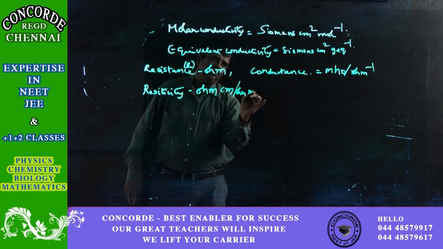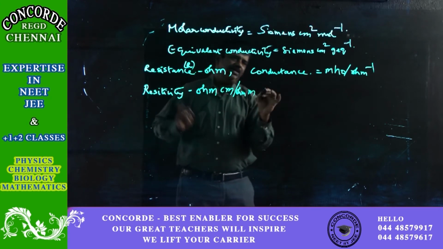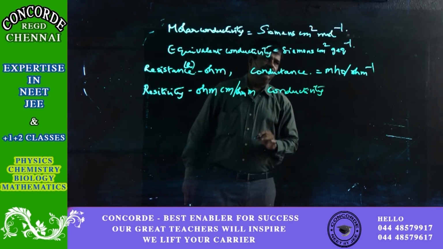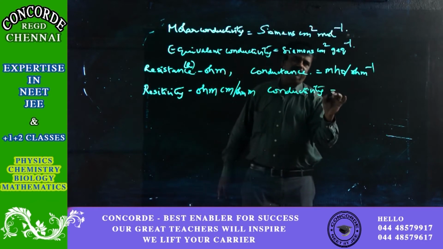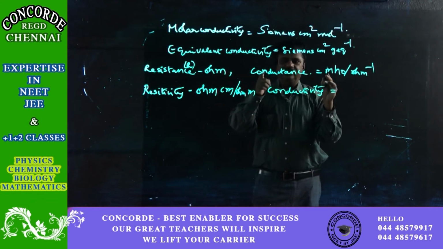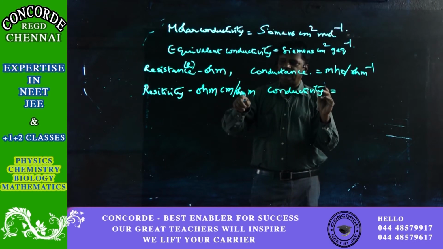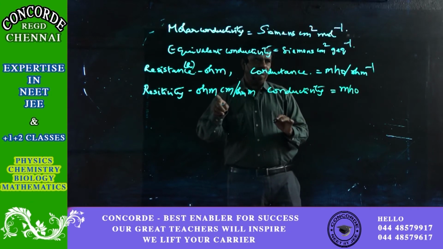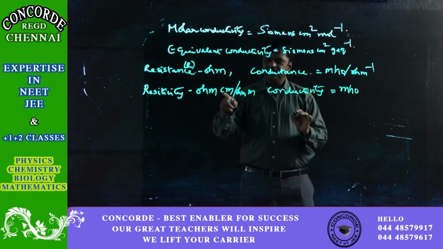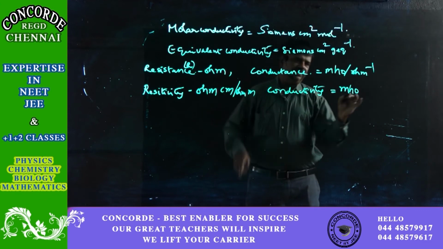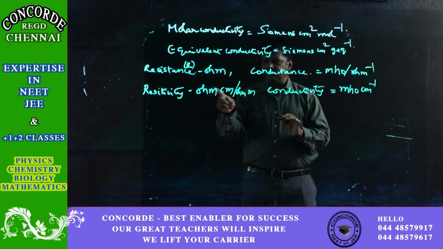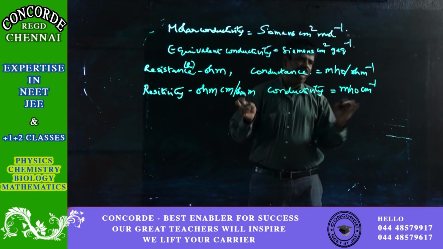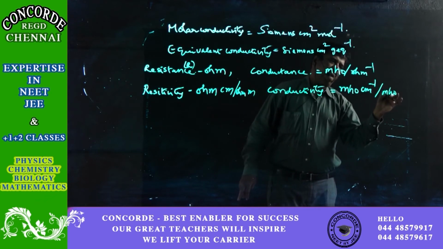If there is resistivity, there is going to be conductivity, which is the opposite. Ohm inverse we have put as mho, and instead of centimeter it will be centimeter inverse, the opposite of this unit. So this is mho centimeter inverse, and if it is meter, meter inverse.